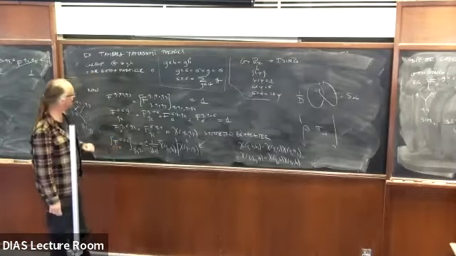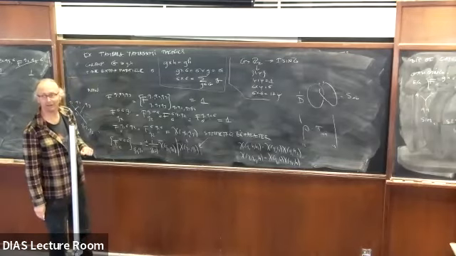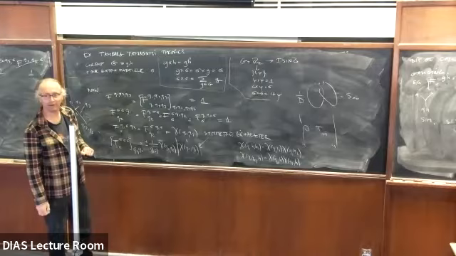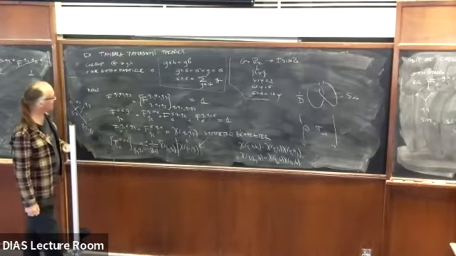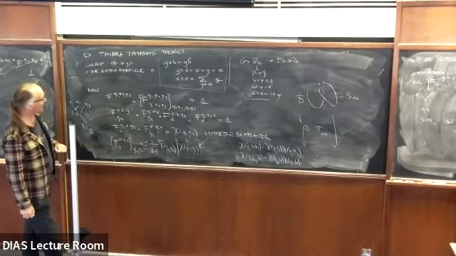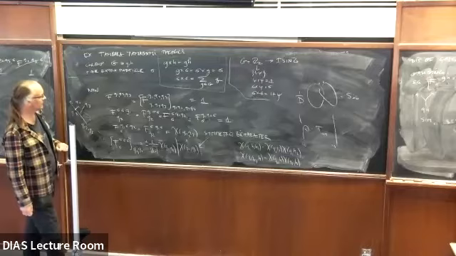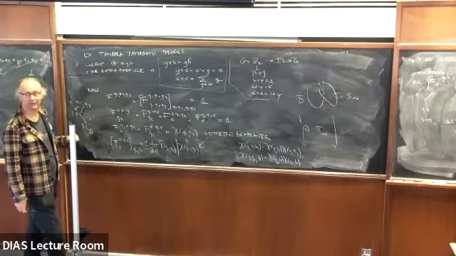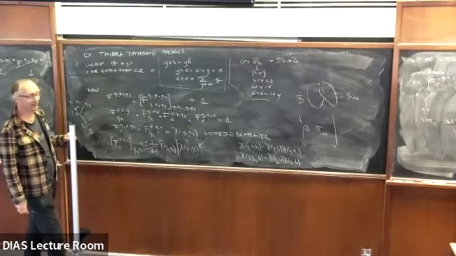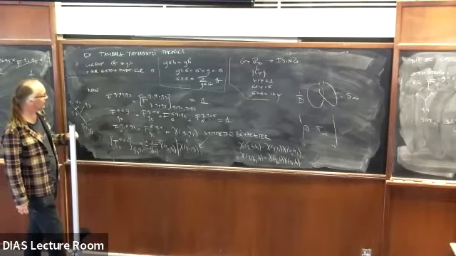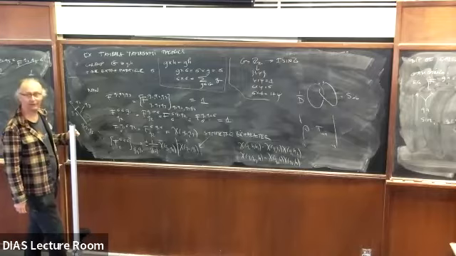Why? Because if the group is Abelian, then the order of applying the transformation doesn't matter. Why does it work with Abelian?